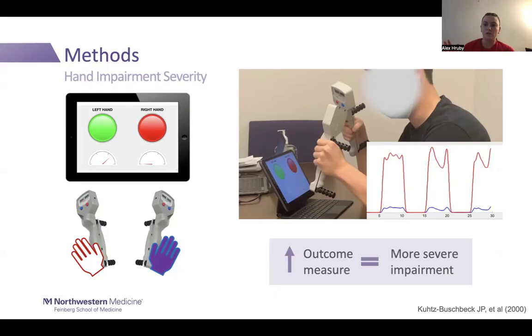And then the other one that we do is the TASC, the test of arm selective control. That's looking at how well they can isolate joint movements. So they do shoulder flexion, shoulder abduction, elbow flexion, wrist flexion, and then a couple different types of grasps: pull hand, pincher, and then key grip.